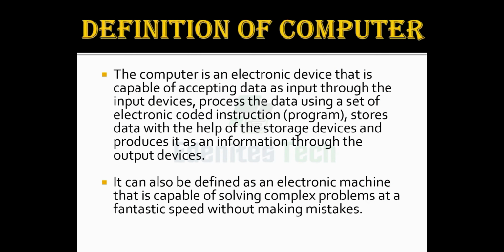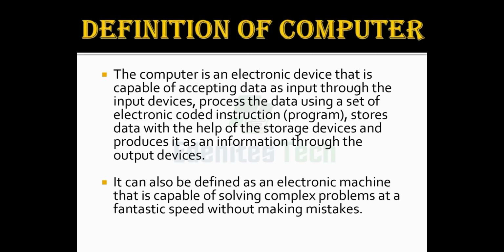The computer literally means an electronic device that is capable of accepting data as an input through the input devices, process data using a set of electronic coded instructions, stores data with the help of the storage devices, and produces it as an information through the output devices.